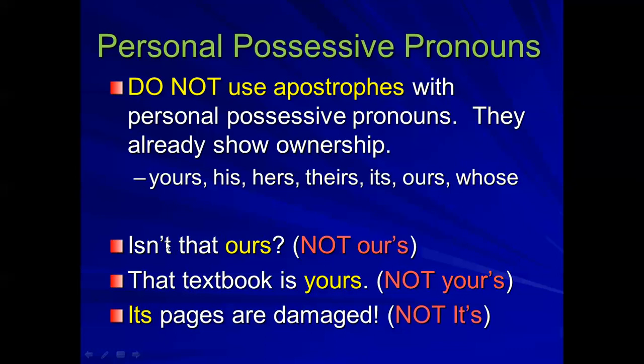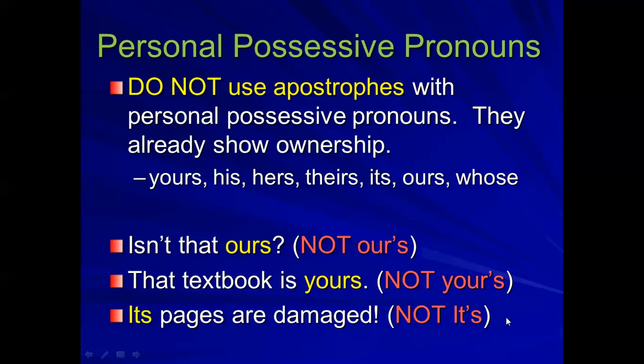You just write the word our and then add the S. You don't do apostrophe S. That textbook is yours. Again, it doesn't need the apostrophe. You wouldn't write it this way: and it's pages are damaged. Remember, IT apostrophe S always means it is. So if you're talking about a book and you say its pages are damaged, you would write it this way to show the possession. You would not use IT apostrophe S.